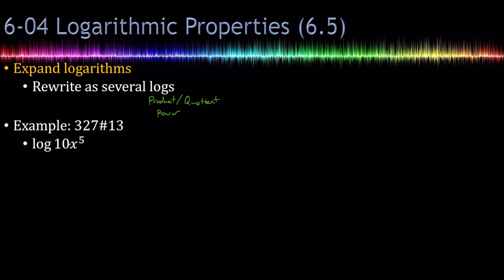So looking here, I see it's 10 times x to the fifth. So the exponent of 5 is only on the x, not the 10. So I can't bring it in front of the whole thing because it can't be times the log 10 because 10 doesn't have the exponent. So we need to split this up. Since it's multiplied, we can rewrite it as addition. So we can end up rewriting it as two separate logarithms that we add.